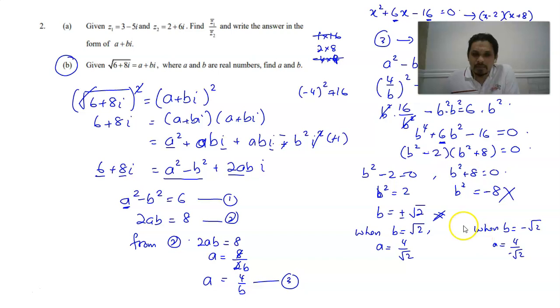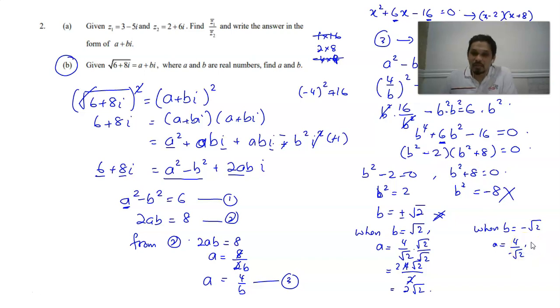Okay, let's say I multiply this one with square root of 2 over square root of 2. Square root of 2 times square root of 2 is 2, and 4 square root of 2, then 4 divided by 2 equals 2, which is 2 square root of 2. And what about this one here? The same thing goes here.